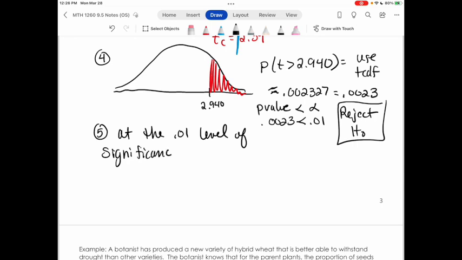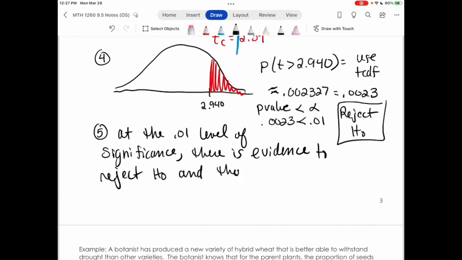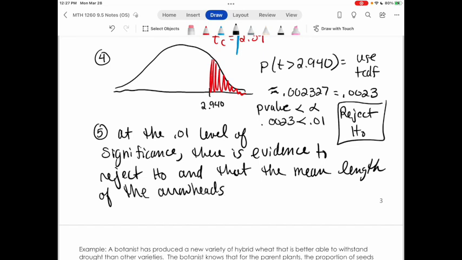So we're going to say at the 0.01 level of significance, there is evidence to reject the null hypothesis, and that the mean length of the arrowheads is longer than 2.6 centimeters.